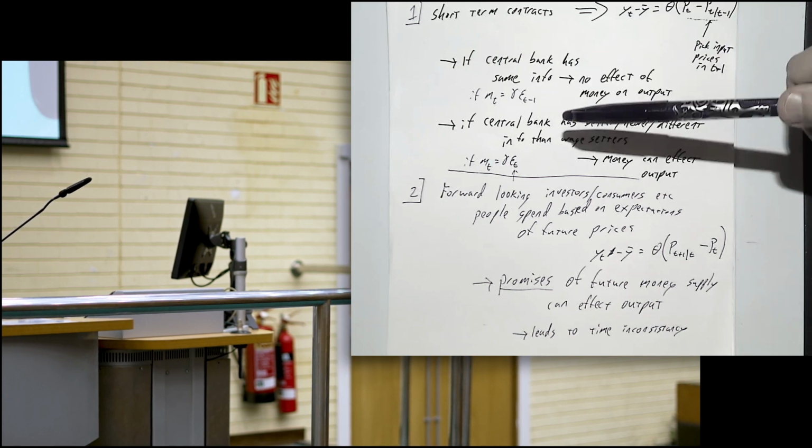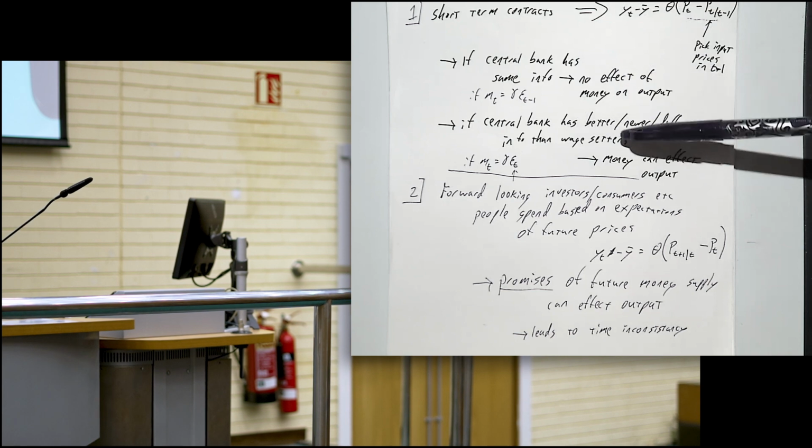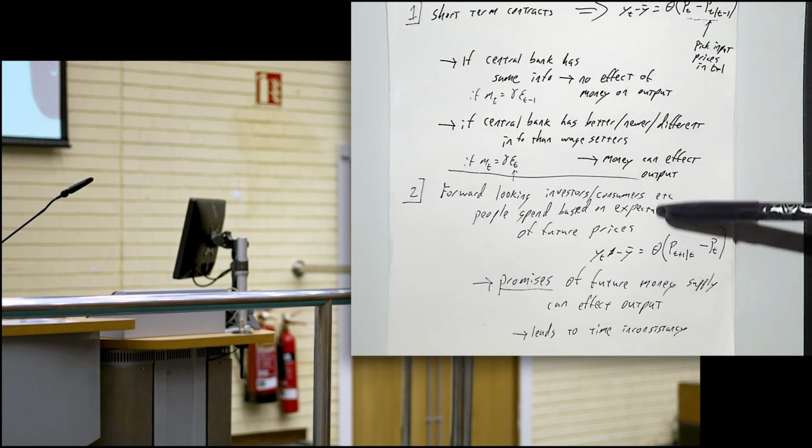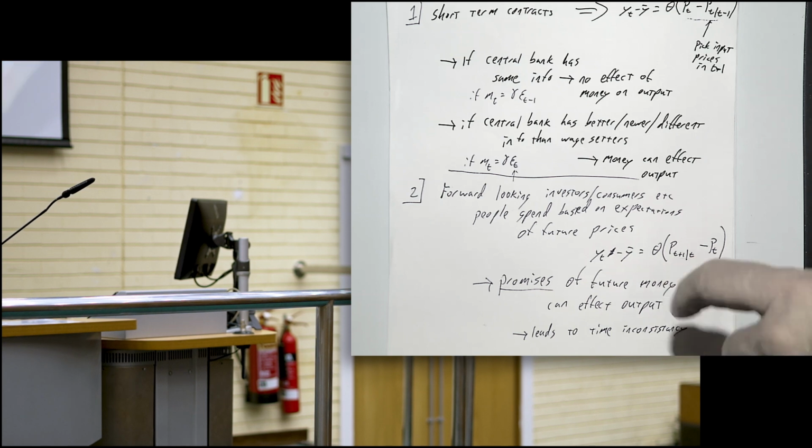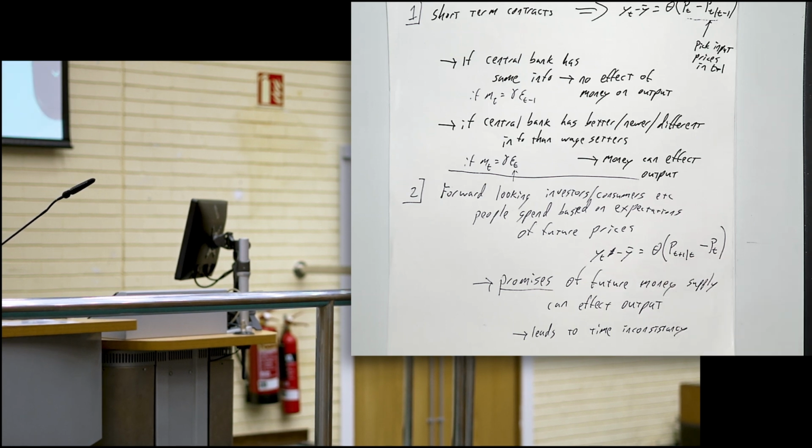This one, of course, has two subparts, whether we have better information or not. And this one is just promises, and that, given that people are basing their spending today on their expectations of future prices, we can always affect output. But it has a destabilizing effect as well. Did that answer your question?